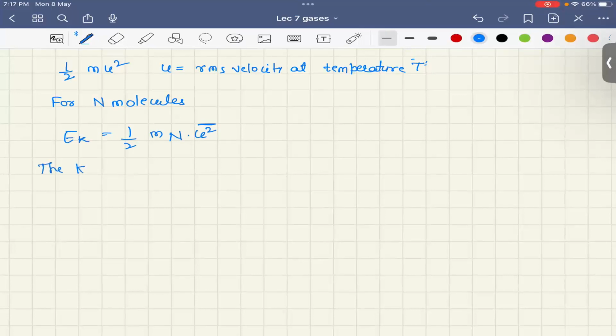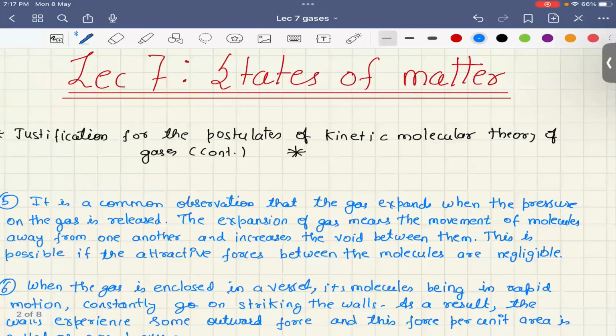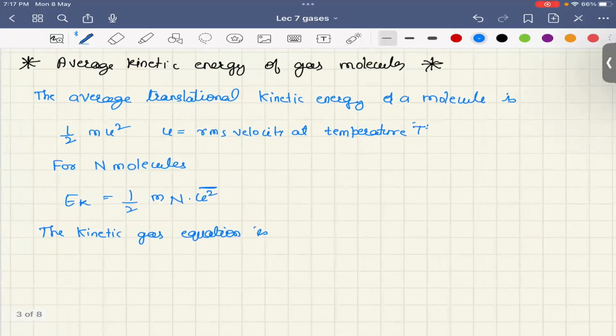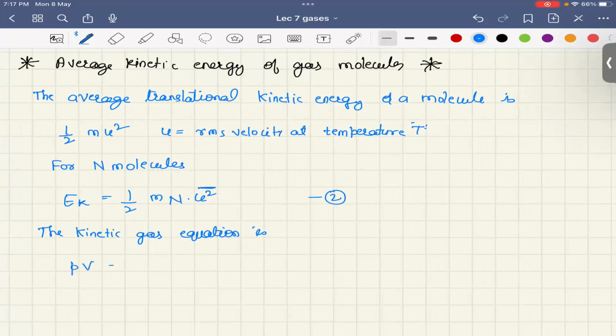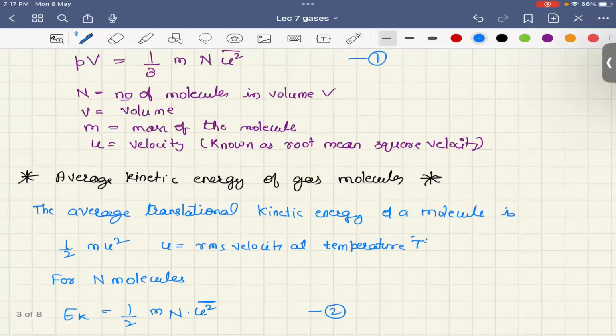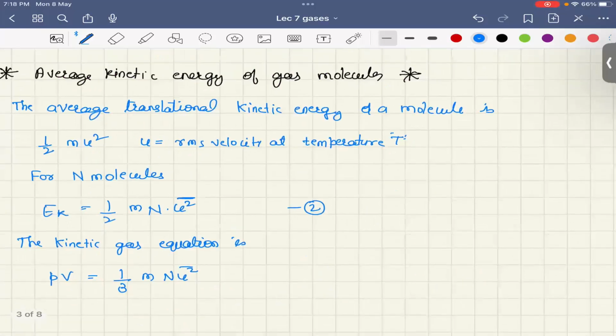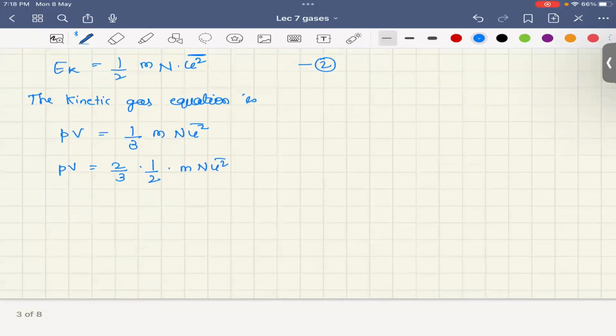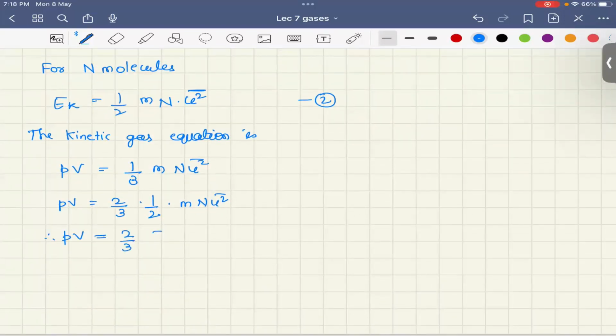The kinetic gas equation is PV equals 1 by 3 m n u square bar. Let us put this as expression 1 and this as expression 2. On rearranging, PV is equal to 2 by 3 into 1 by 2 m n u square bar. Therefore, PV is equal to 2 by 3 Ek. This is going to be equation 3.